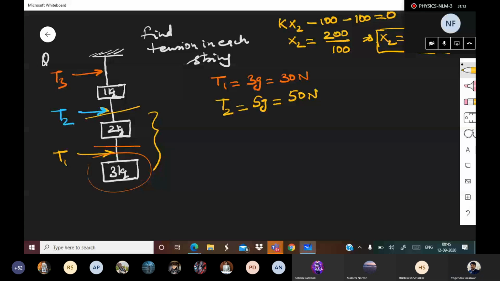If I cut this string from here, then all three will fall. So T3 will be 3 plus 2 plus 1 into g, which is equal to 6g, equal to 60 Newton. That will be the answer.